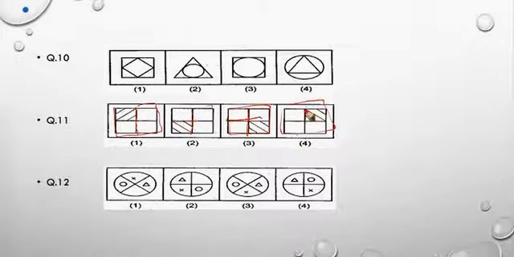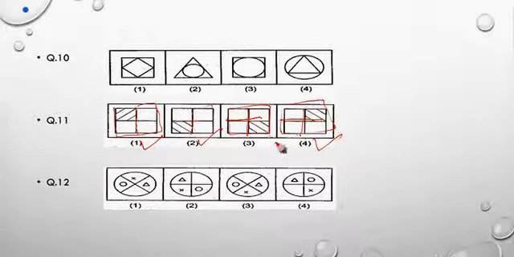And further, one of the parts has been colored with the help of 3 lines in a particular angle. What we notice in these 3 problem figures, problem figure 1, 2 and 4, is that the lines drawn in one of the parts are not touching the center.